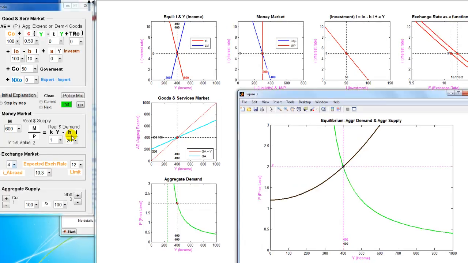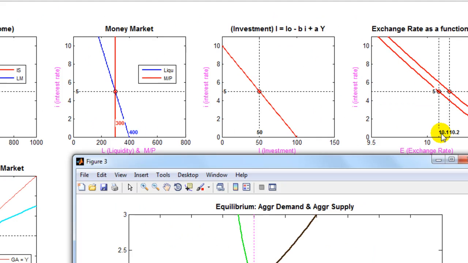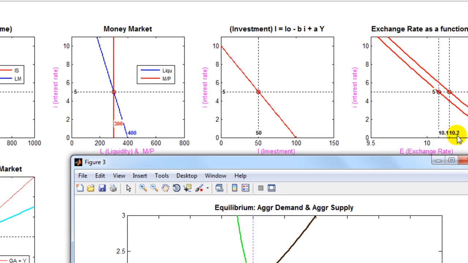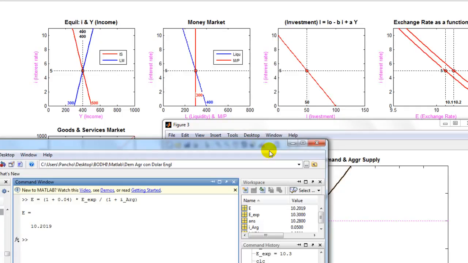What we can see is that the exchange rate passed from 10.1 to 10.2, and this was what we expected. If the interest in USA passed from 3% to 4%, then the exchange rate has to go to 10.2, which is this value.